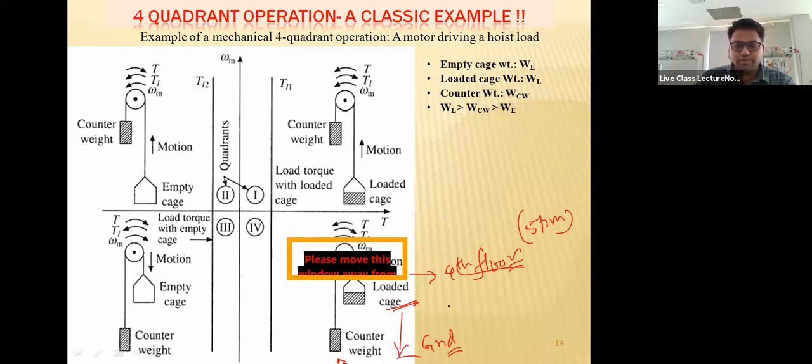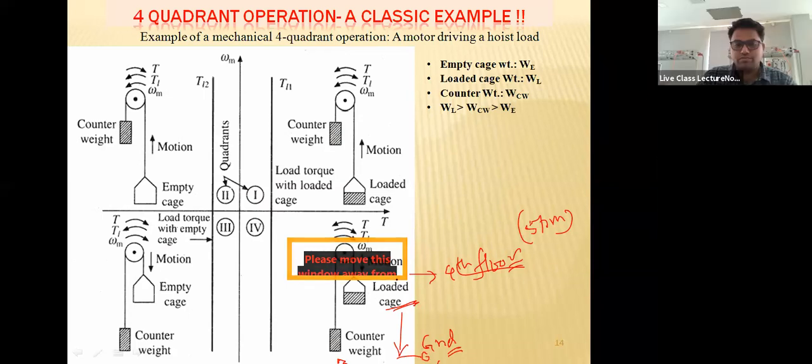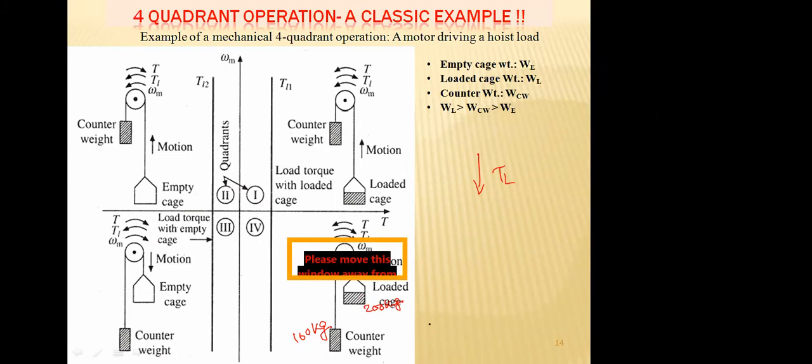So the load torque will try to, say, the load wants to go down, TL, right? Say the loaded cage is 200 kgs, and this is only 100 kgs. So what will happen? It will try to go down abruptly with a bump.